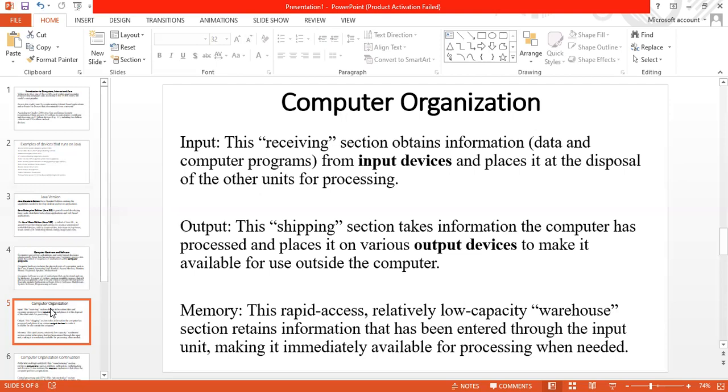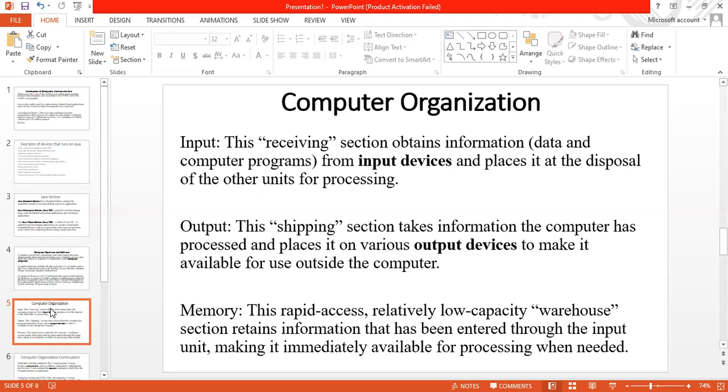A synonymous word that we can use for information is data. Wherever you hear the word data, it is similar to information. Data is the same thing as information, or we can call them computer programs.